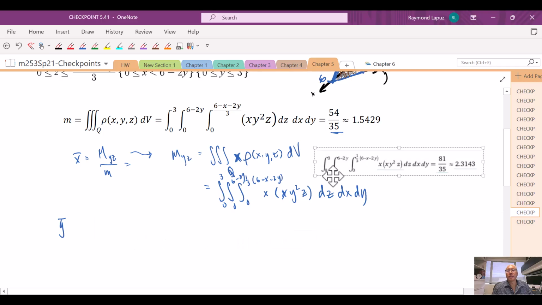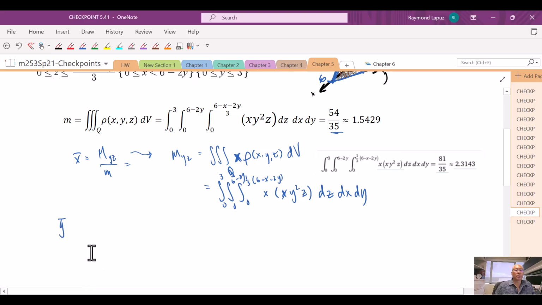This is the integral of x times y squared times z, with dz going from 0 to that plane, dx going from 0 to 6 minus 2y, and then dy going from 0 to 3, and I got 81 over 35.